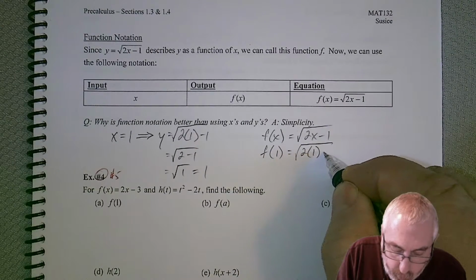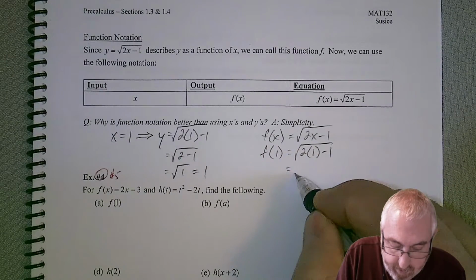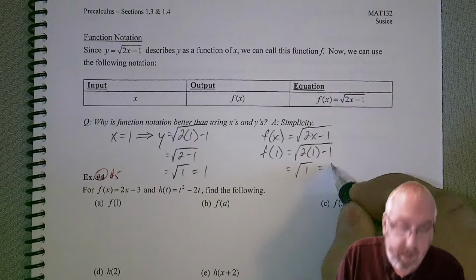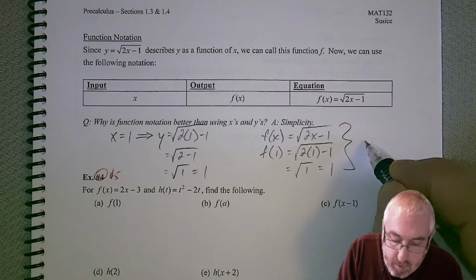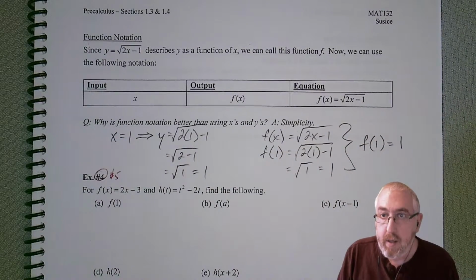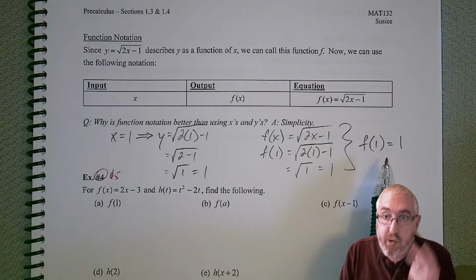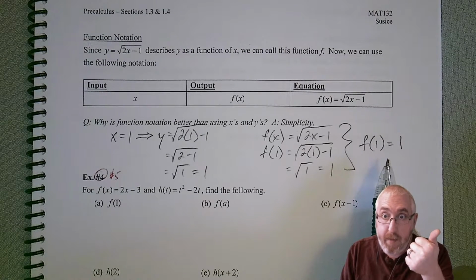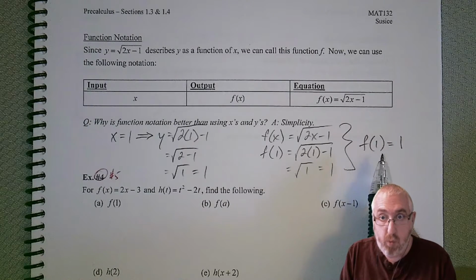I substitute in 1 for x, and then I would simplify it down, and we get the same answer. So from this, I get f of 1 equals 1. One equation, one statement tells me two things. It tells me what my input is, and it tells me what my output is, just in this one statement.